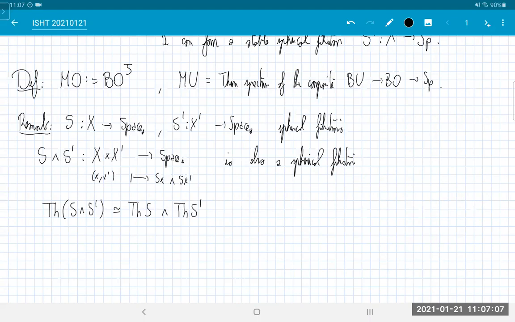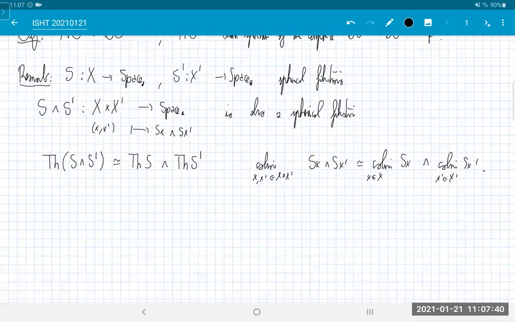And that's because smashing commutes with colimits separately in each variable, since it has a right adjoint taken by the space of pointed maps. So we have the colimit over (x, x prime) of Sx smash Sx prime. This is the same as the colimit in x of Sx smash the colimit in x prime of Sx prime. Is all I'm saying.